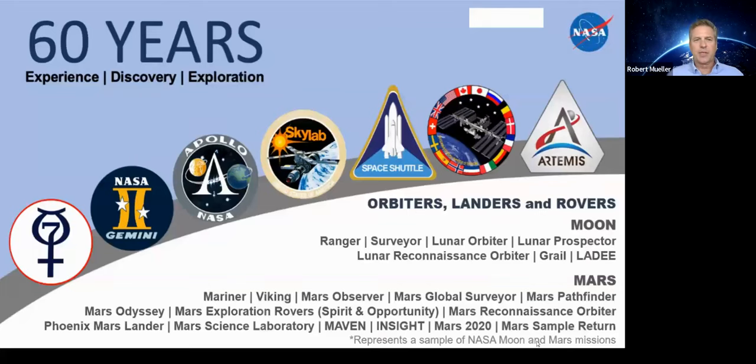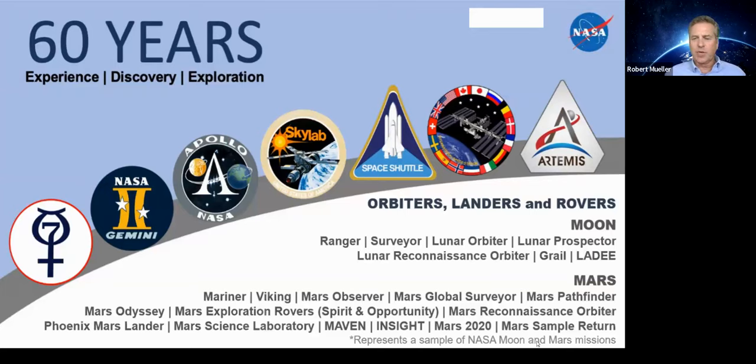Of course, NASA has done amazing things over the last 60 years, starting with the Freedom 7 project, the Mercury program, then the Gemini program, Apollo program, Skylab, Space Shuttle, International Space Station, and now the latest big program that NASA is doing is the Artemis program.